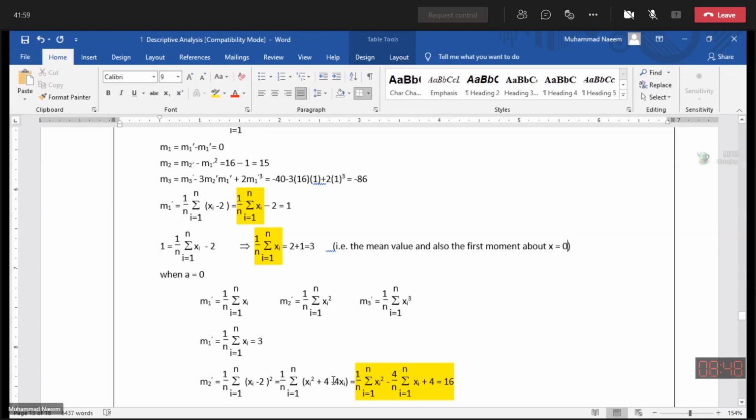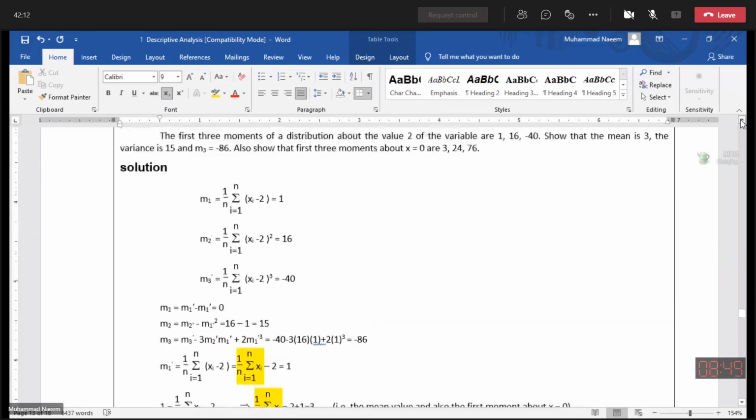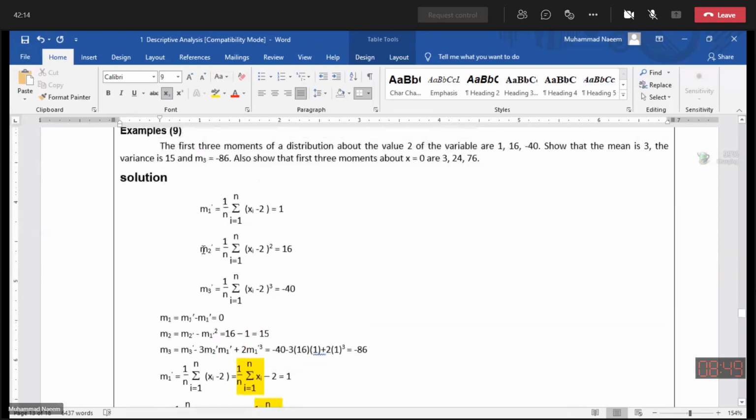Similarly, expand the square of the second moment about 2. This is given. Now expand this square, apply sigma to all the three terms and divide by n.